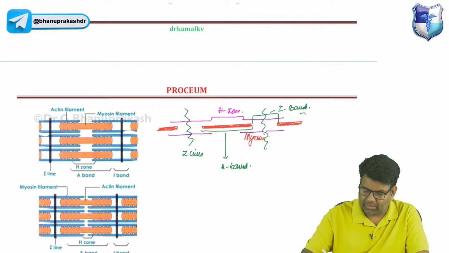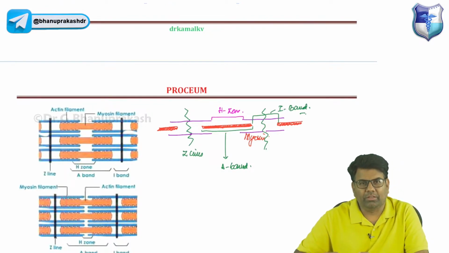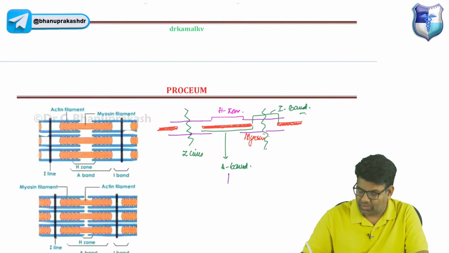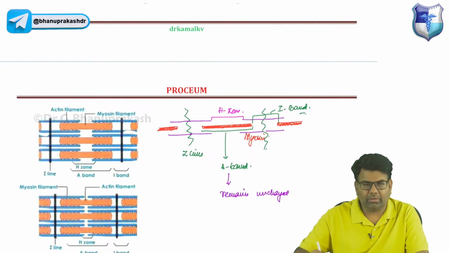So whenever there is muscle contraction, there is no change in the length of myosin as such. So it means the A band remains. What narrows down is the H zone.